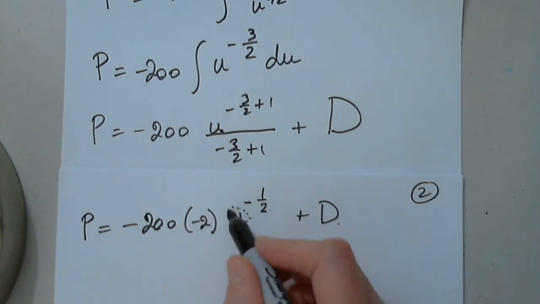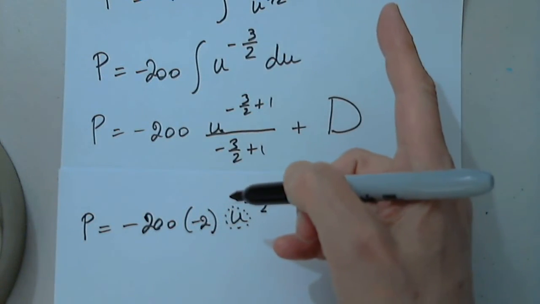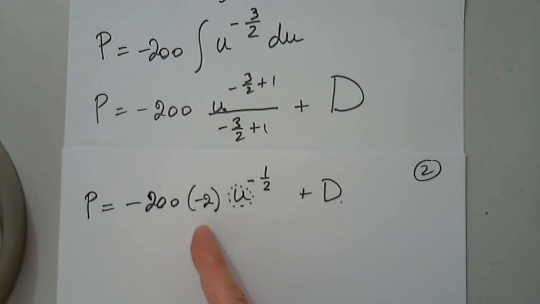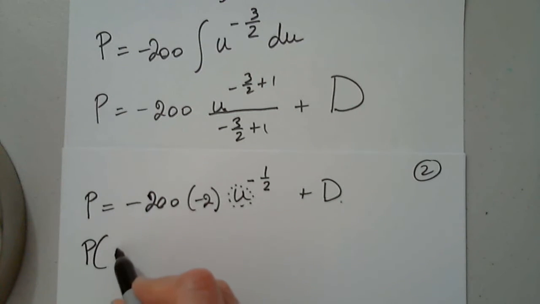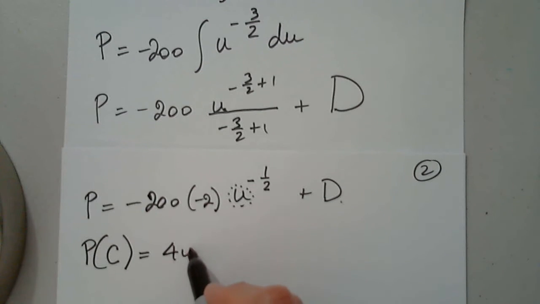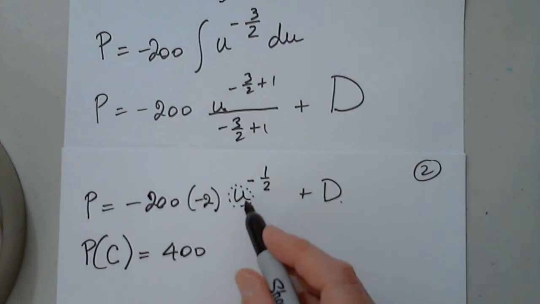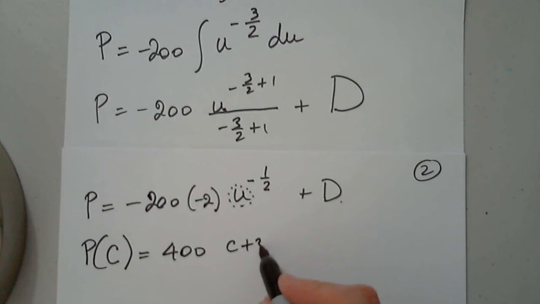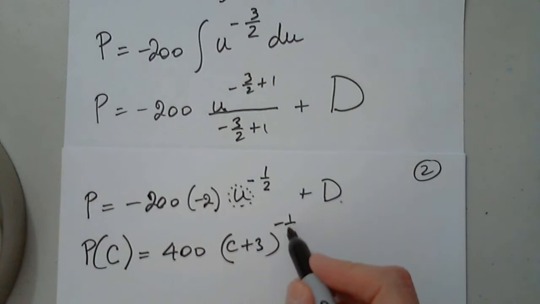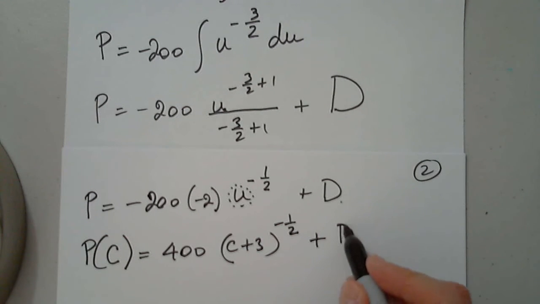I have to replace u by c plus 3. I have to multiply these two, and now confidently I'll say this is indeed a function of c only, because now I replace u by our notation, c plus 3, to negative 1/2 plus a constant d.